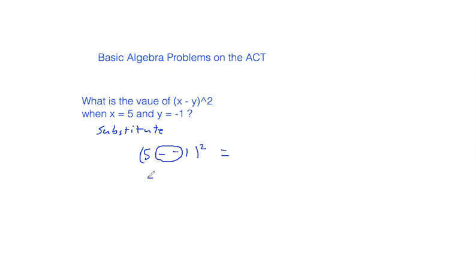So they probably expect you to say 5 minus 1 squared, which would be 4 squared, which would be 16. But instead, since minus minus, or negative negative, is positive, it's 5 plus 1 quantity squared, which is 36, and that's the answer that you want.